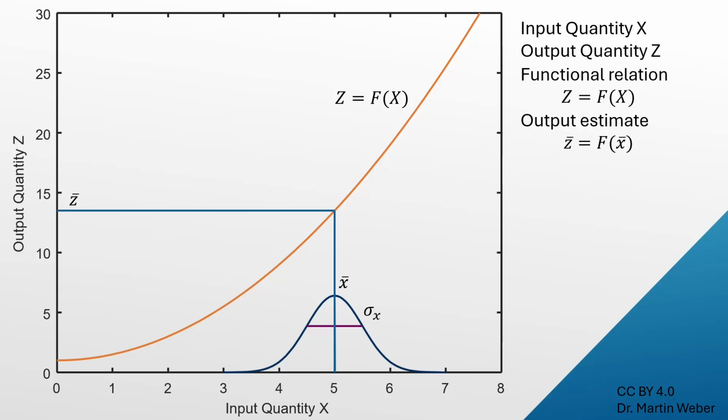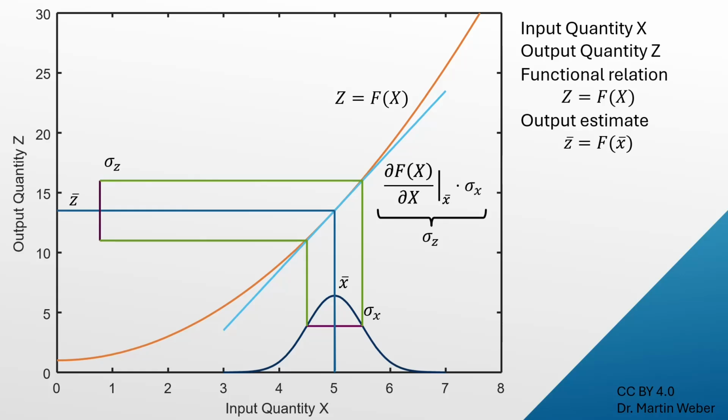And to do that, first the gradient of the function is calculated, and this is done to linearize the problem. So the gradient is at the same time the first term of the Taylor series, and this can be then used to scale the standard deviation, and this will then give the standard deviation for the output quantity.